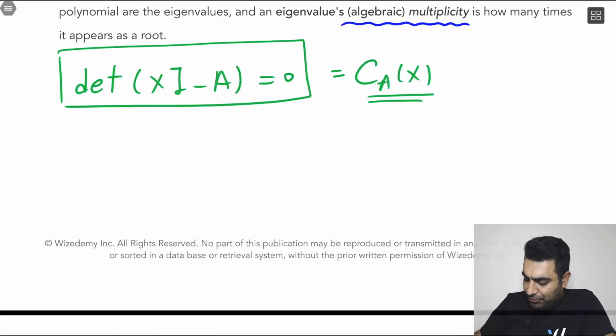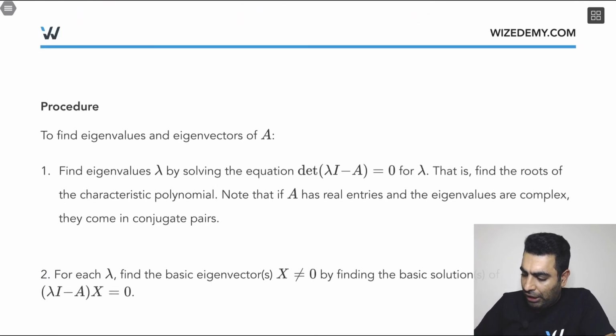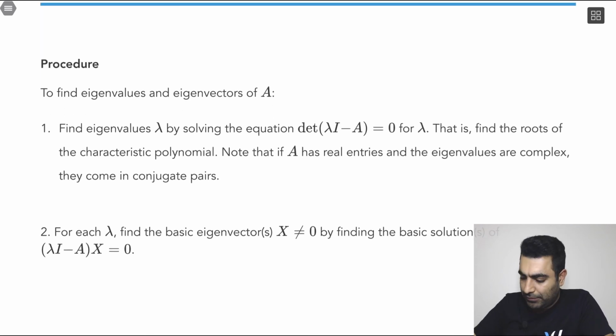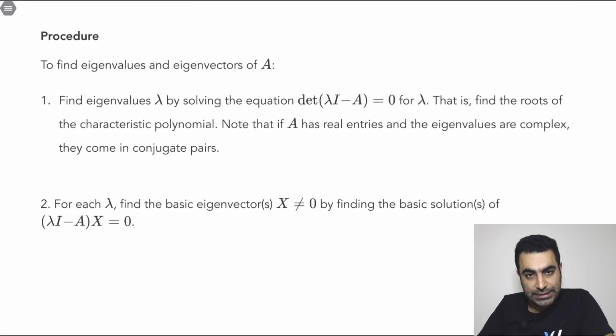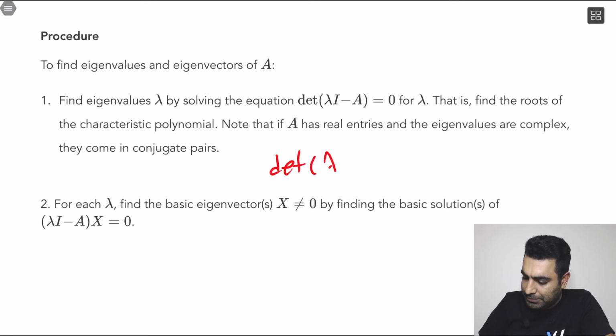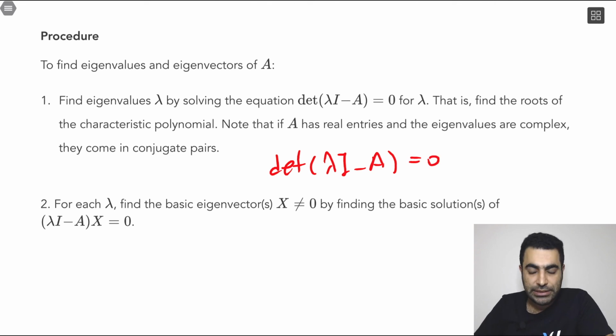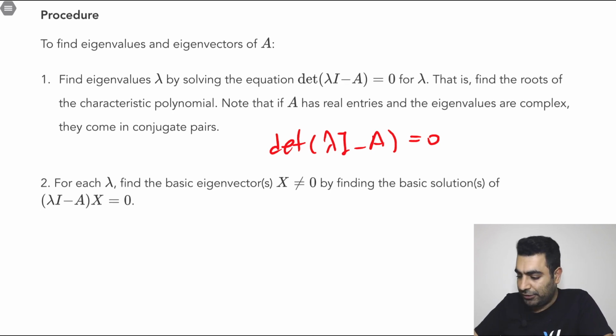Now let's summarize the procedure to find the eigenvalues and eigenvectors of any matrix given to you systematically. As I mentioned, in the first step you have to solve the equation determinant of lambda I minus A equal to 0, which is basically the characteristic polynomial, and find all lambdas satisfying this equation. That gives you all possible eigenvalues for this matrix.